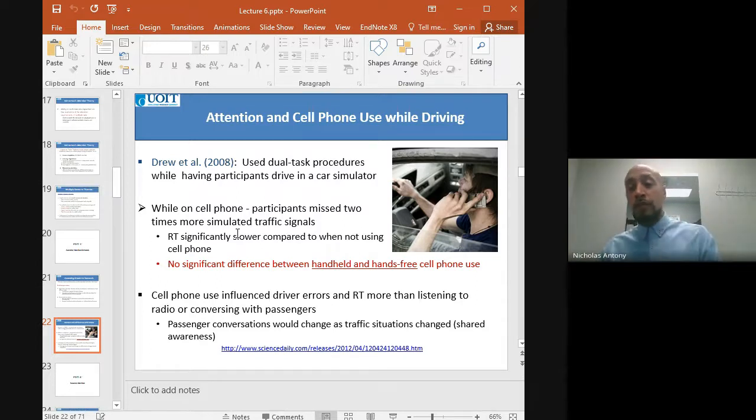Multiple resource theories are looking at the idea that there are multiple pools of attention, and so kinesthetic skills would have this amount of attention in these different fields, and cognitive would have a different amount of attention in each different field or variable.